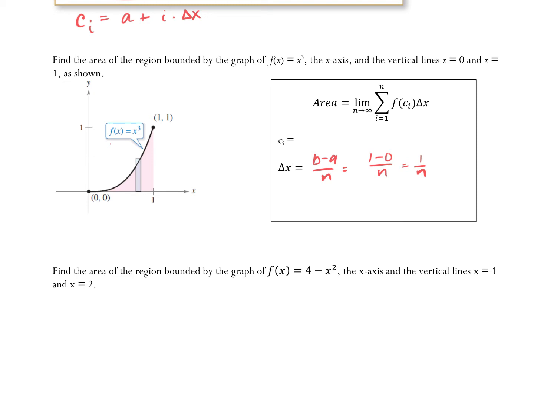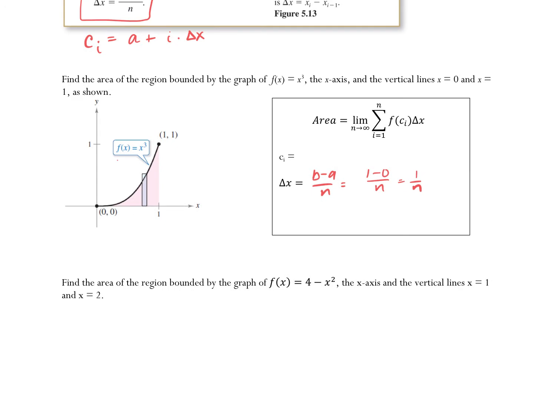Okay, what about CI? CI is a, which in this case is 0, because that's my initial value for x, plus I times delta x. We still doing okay?